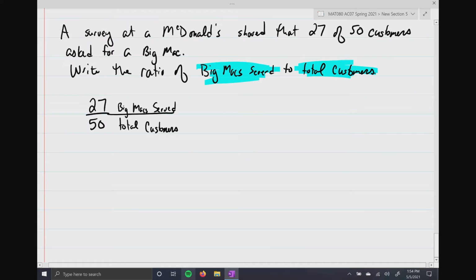Now the next thing then would be, well, this is part A. Part B. What is this percentage? So how do I actually find the percent of 27 over 50?